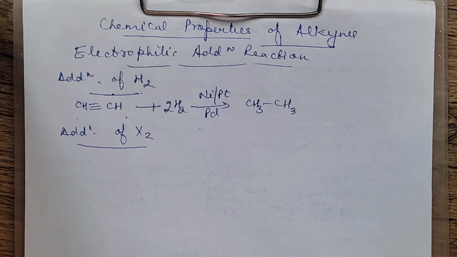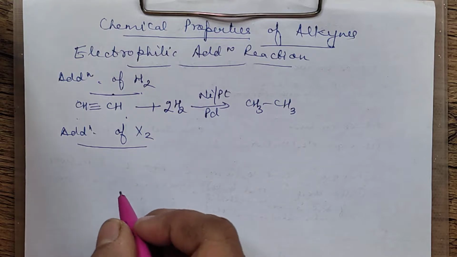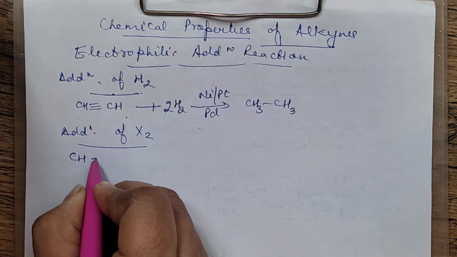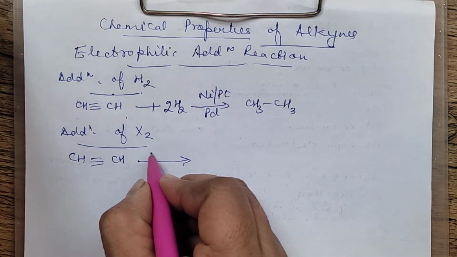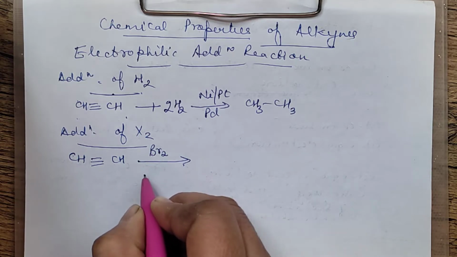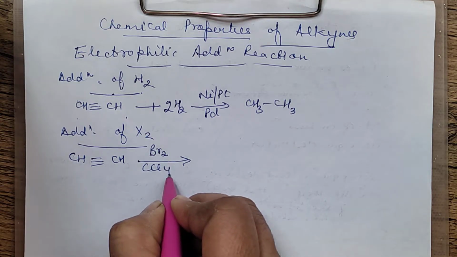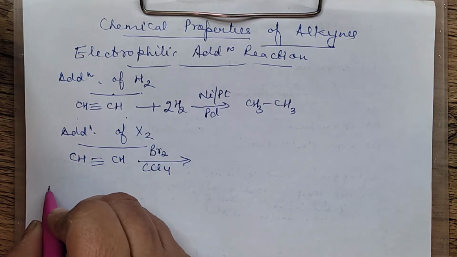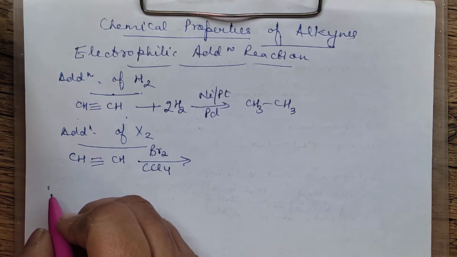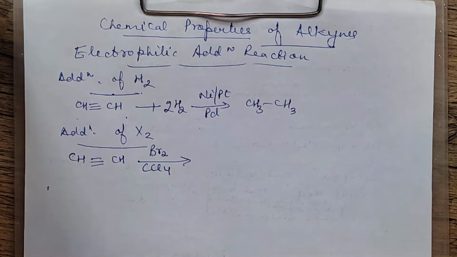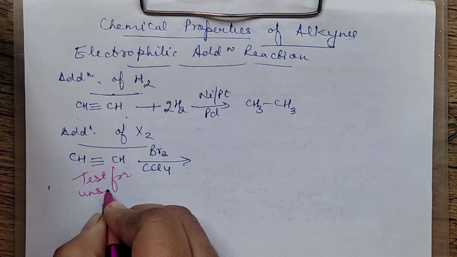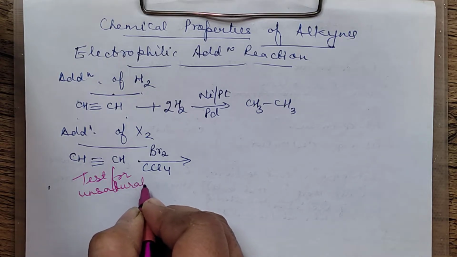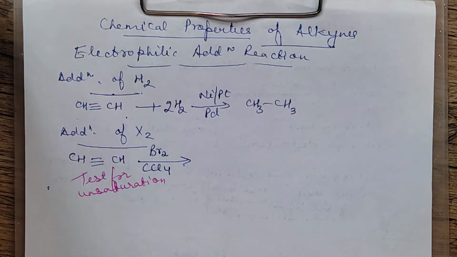When they are added, obviously what you will be getting is a dihalide. Suppose we are carrying out the reaction in the presence of bromine, with carbon tetrachloride required. We have discussed this before: it is a test for unsaturation, because the reddish brown color of the bromine will disappear when it gets added on to the alkyne.